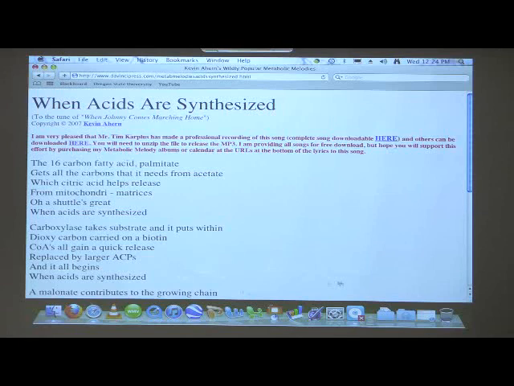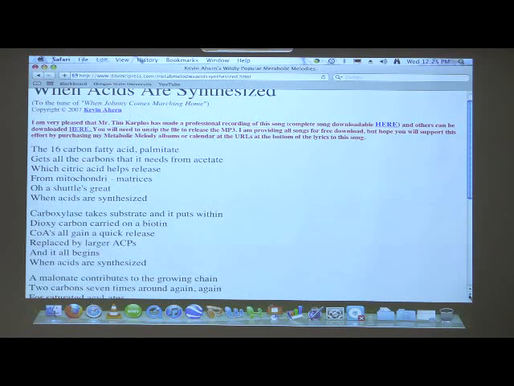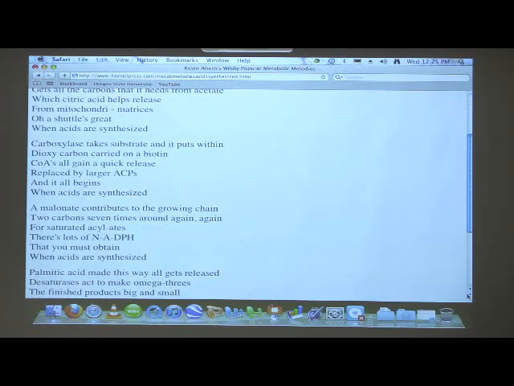This is called When Acids Are Synthesized. So, the 16-carbon fatty acid palmitate gets all the carbons that it needs from acetate, which citric acid helps release from mitochondria matrices. Oh, a shuttle's great when acids are synthesized. Carboxylase takes substrate and puts within deoxycarbon carried on a biotin. CoAs all gain a quick release replaced by larger ACPs, and it all begins when acids are synthesized.